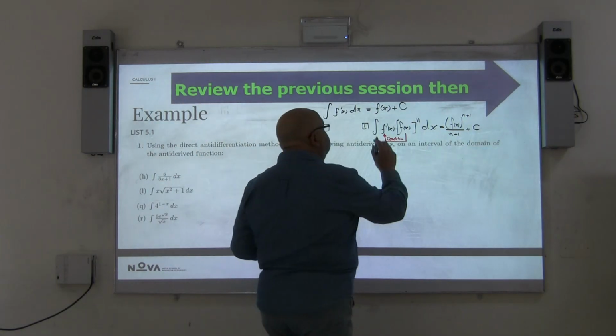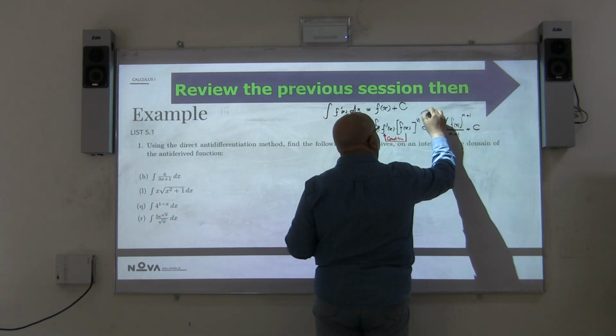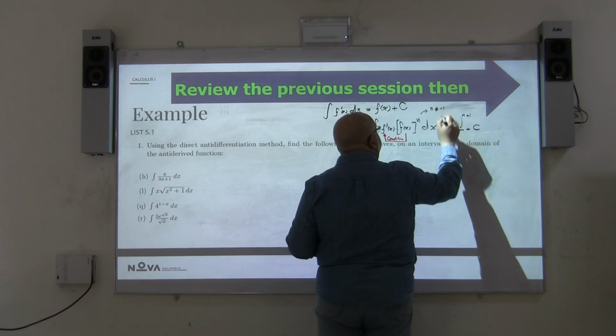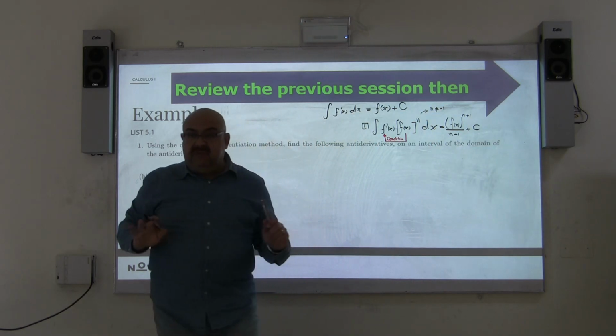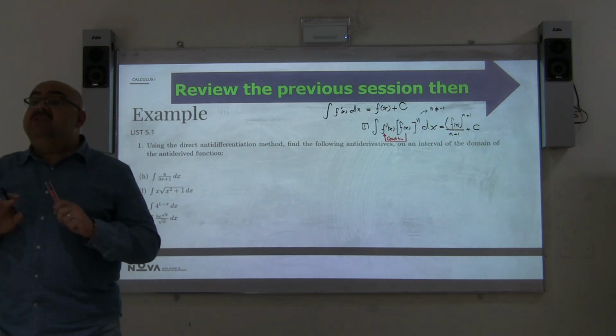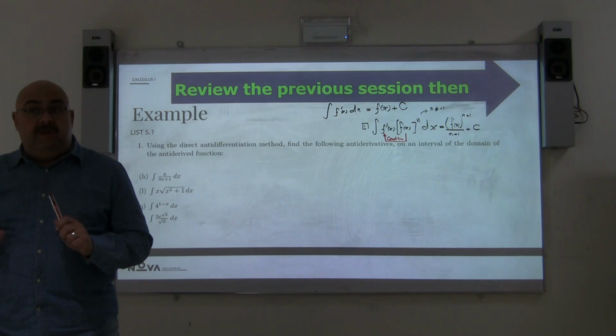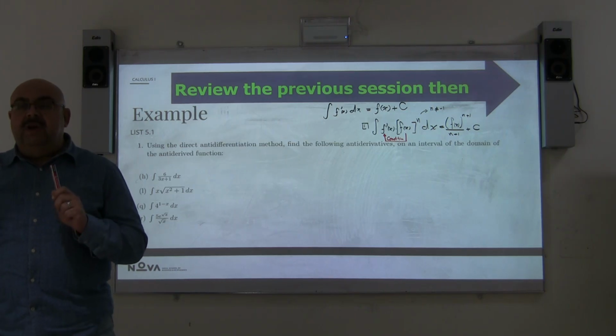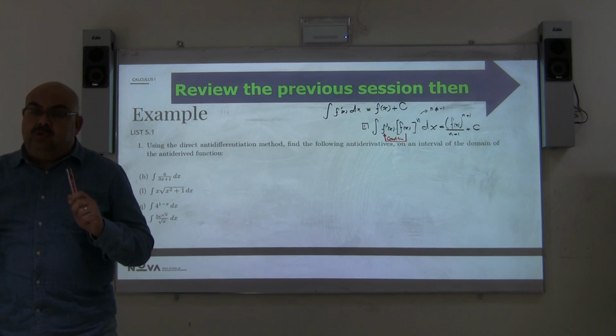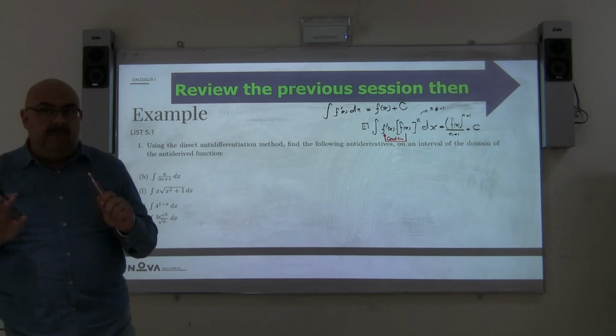Remark that this is valid for every value of n except n equal to -1. So for every value of the power, even if it is radicals, fractions, negative powers, whatever, it will be applied, except when n is equal to -1. If you have a bracket to the power of -1, this is not going to be applicable.